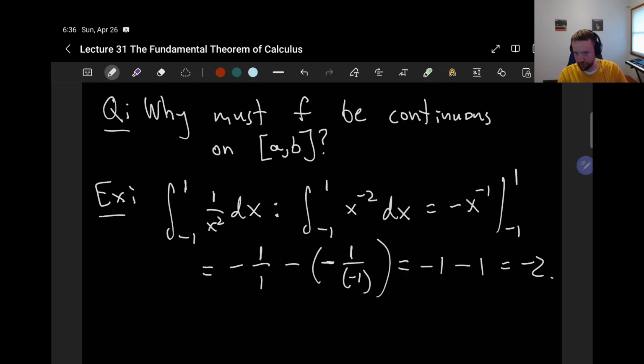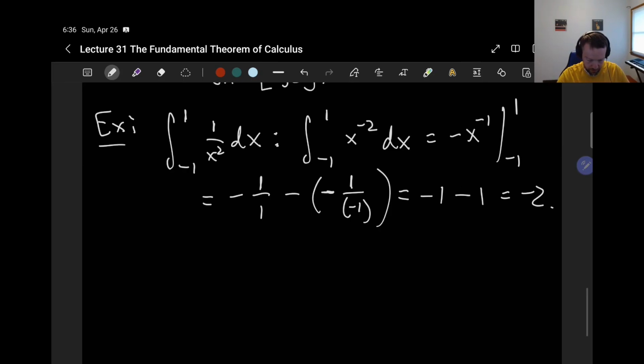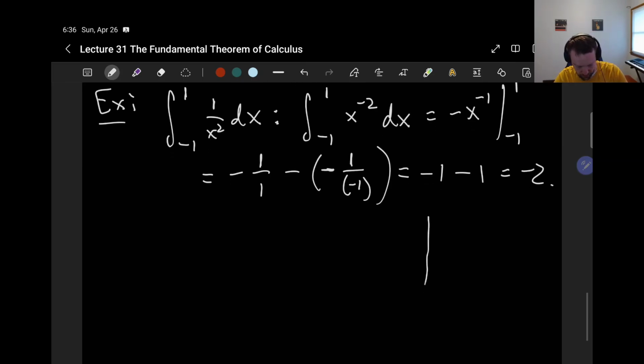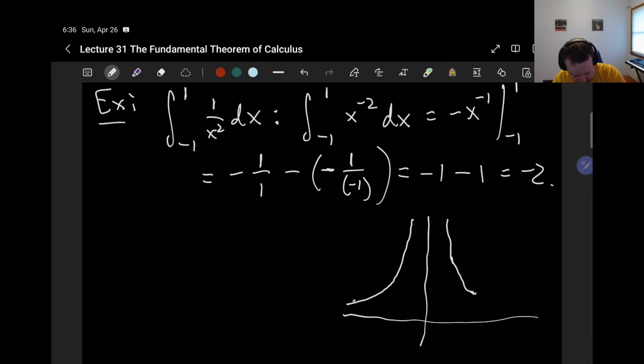Now, if you look at the graph, you'll see that this cannot possibly be the area. Here's just a rough sketch. You have a vertical asymptote here on the y-axis, approaching it, going towards positive infinity from both sides.